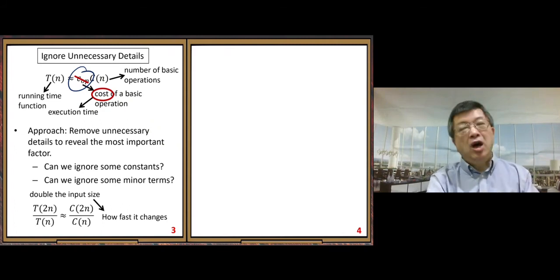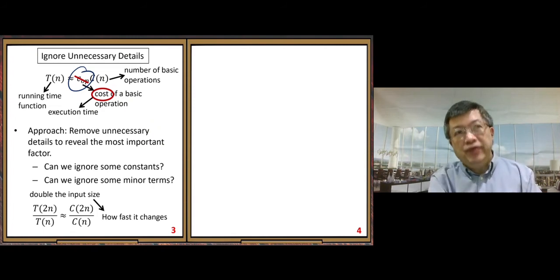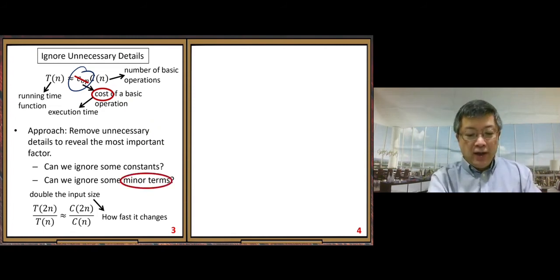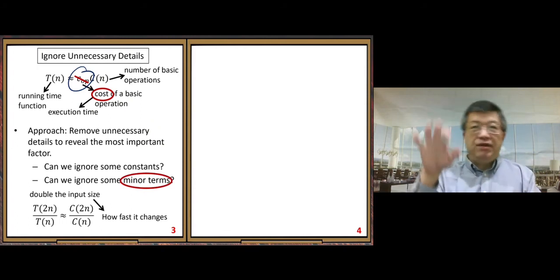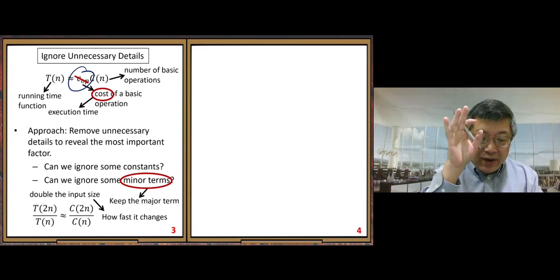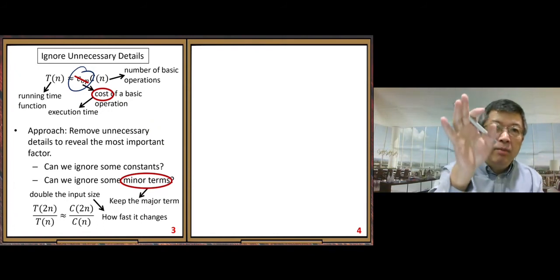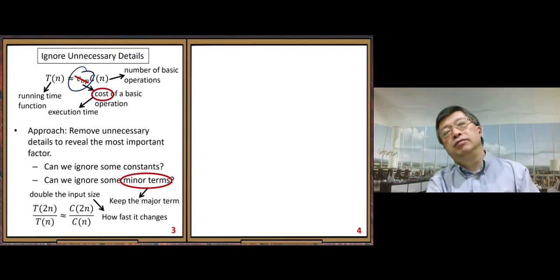C-op can be ignored in this view. So after all these things, we can ignore the minor terms and only keep the major term, the dominant term.